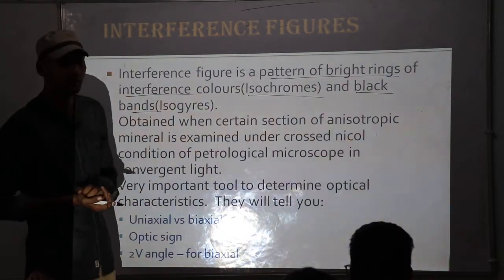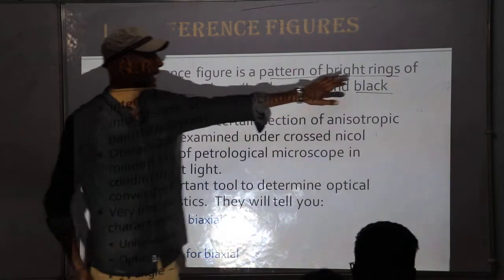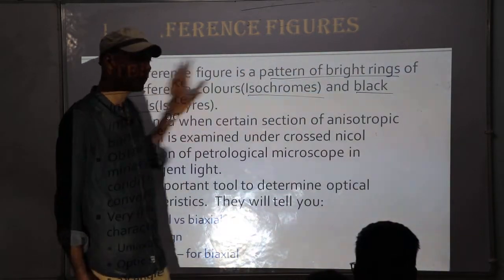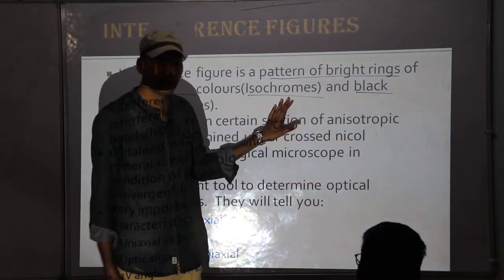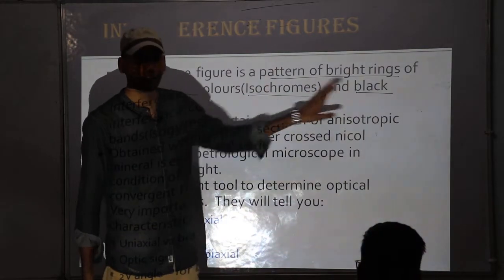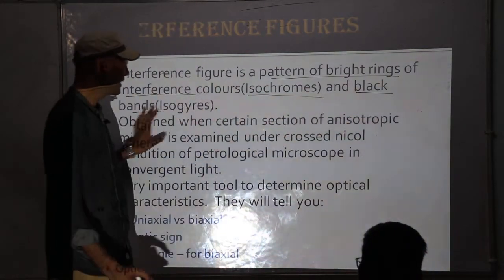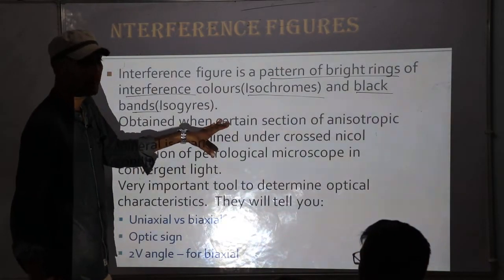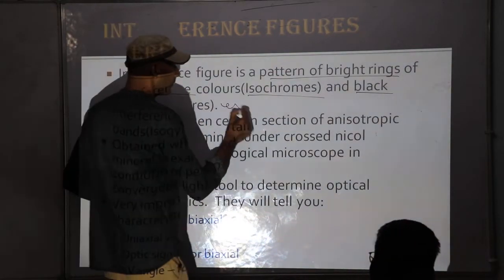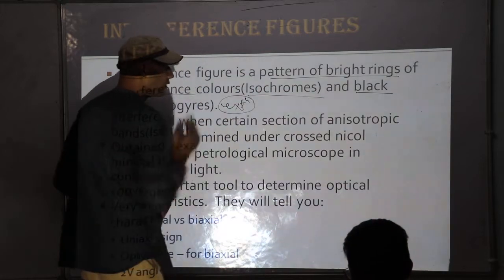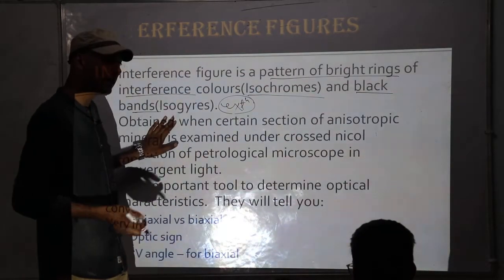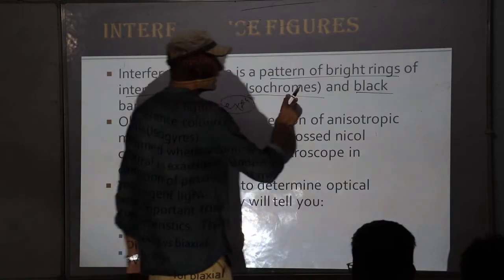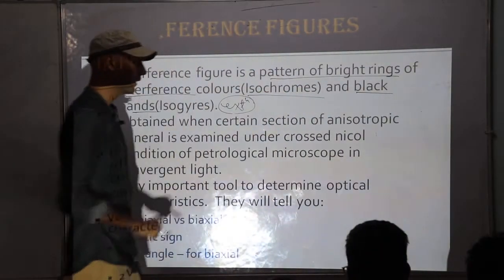Bright colored rings formed due to interference are named isochromes, and dark bands, named isogyres, are formed due to extinction. So extinction produces isogyres and isochromes are produced by interference.